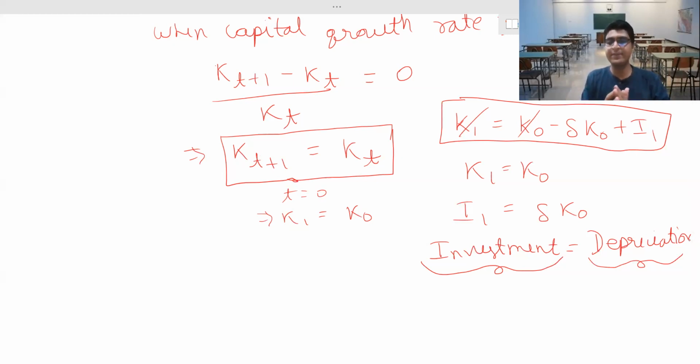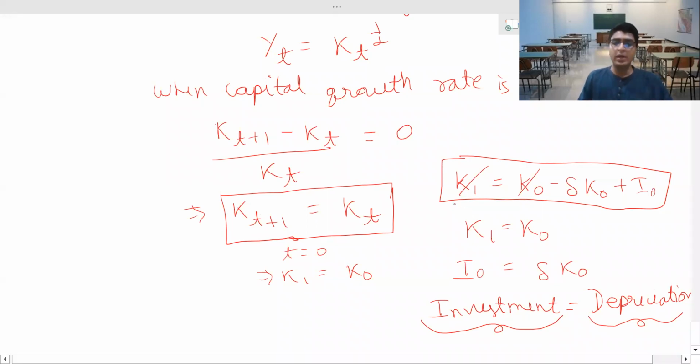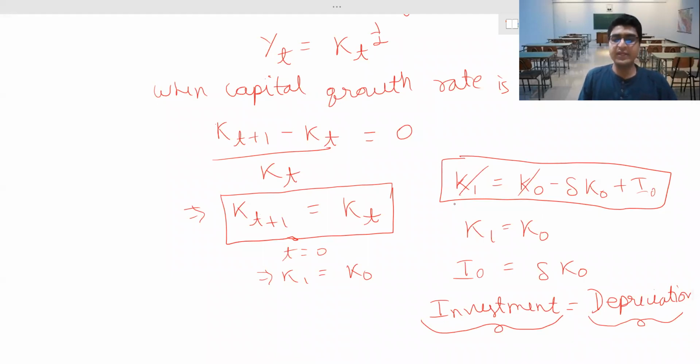Okay, there will be no change from that state. So that's what we are interested in, and here it will be 0. इन्वेस्टमेंट हमें चाहिए इक्वल टू डेप्रिसिएशन के, या फिर K_t हमें चाहिए इक्वल टू K_{t+1}. दैट्स इट. इज इट क्लियर?